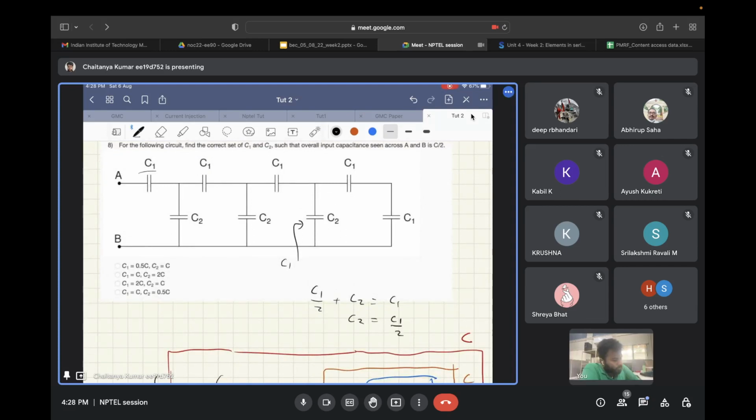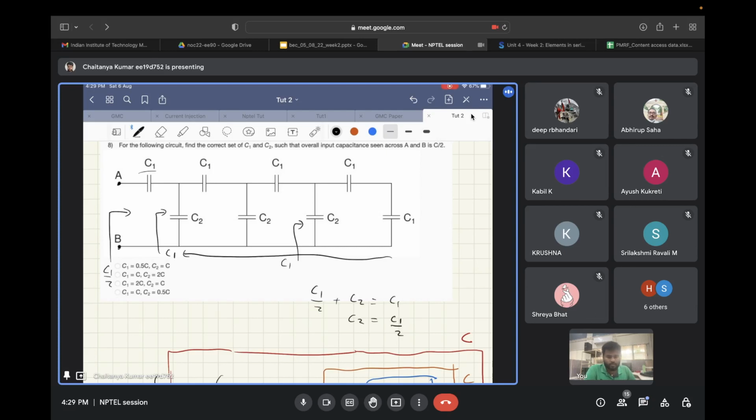Now, no matter how many sections there are, the total capacitance looking in will be C1. So in that case, the total capacitance at node AB will be C1 by 2, because capacitors in series are the opposite of how resistors act in series.